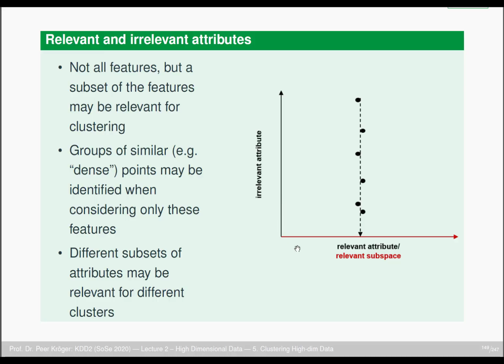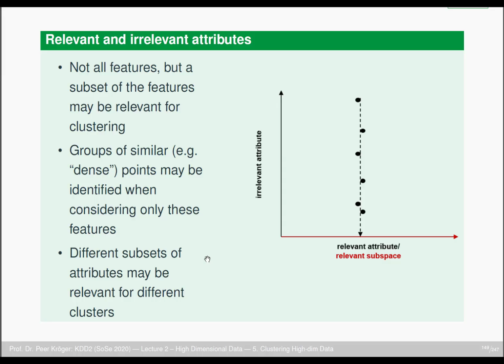And to make the whole thing a little worse, and now we are back in the baby shape game, different subsets of attributes may be relevant for different clusters. So we thought about this example of the baby shape game where we have 10 features, 5 features represent the shape of the items, 5 features represent the color of the items.